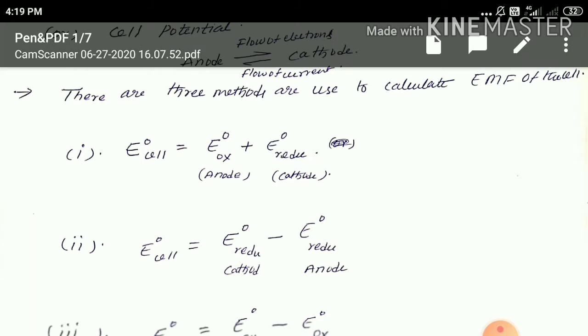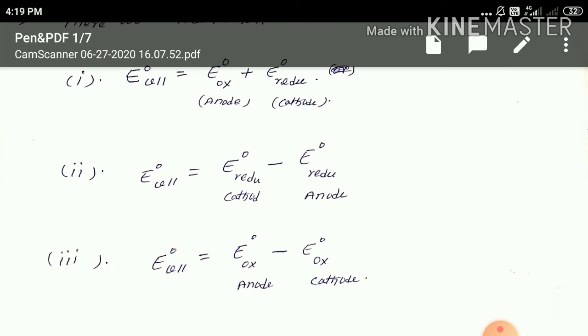If you have the reduction potential of both the electrodes, that means the reduction potential of anode and the reduction potential of cathode, at that time the EMF value of the cell is equal to the reduction potential of cathode minus the reduction potential of anode, or the difference in the reduction potentials of cathode and anode.